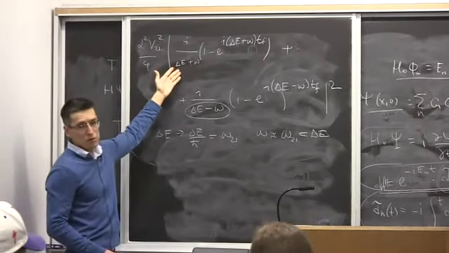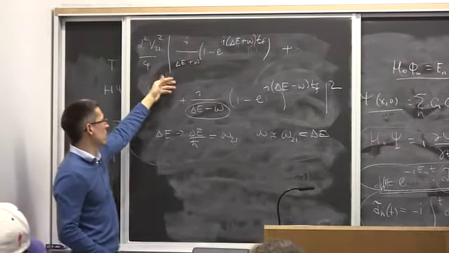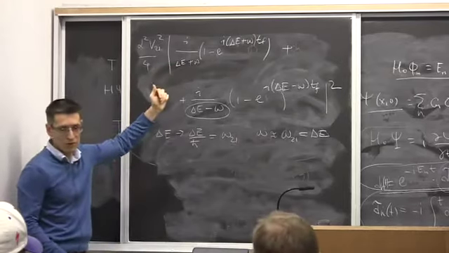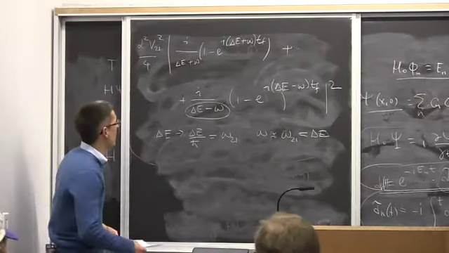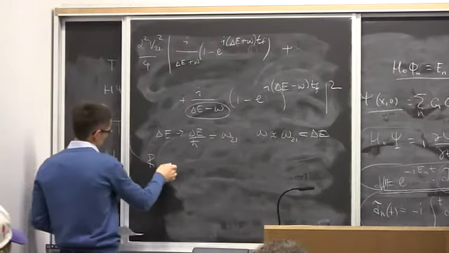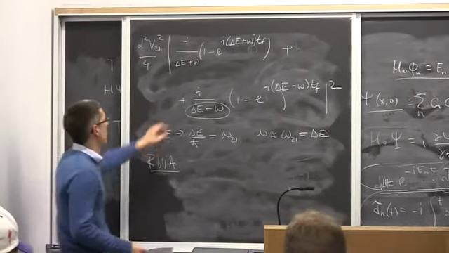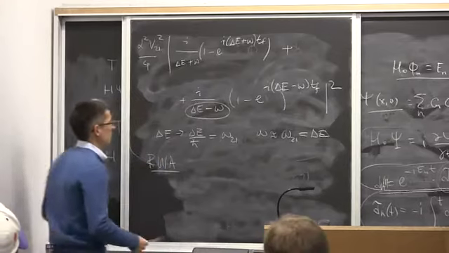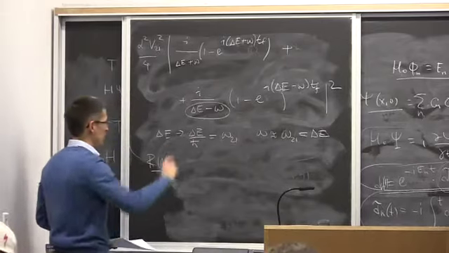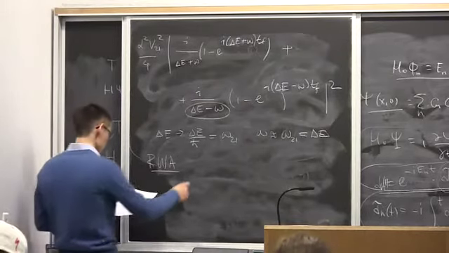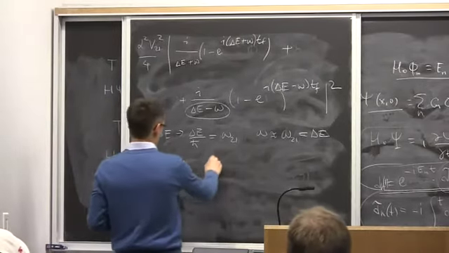This term will be small because delta E and omega are comparable, so you have 1 divided by 2 omegas essentially, while here we'll have 1 divided by something small. Okay, and so it's called the rotating wave approximation: to neglect this term where our frequency is far from the gap between the states we are considering. And so if we do that, we will obtain a very simple expression.